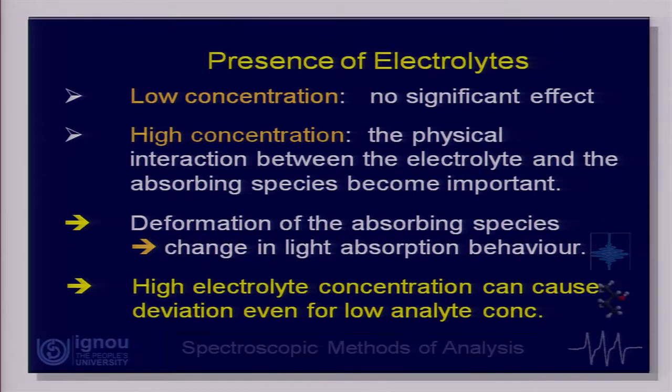So, one has to be careful whenever designing an experiment or making measurements, to ensure that these factors are taken care of. Otherwise, what we expect from the Beer-Lambert law will not be observed.